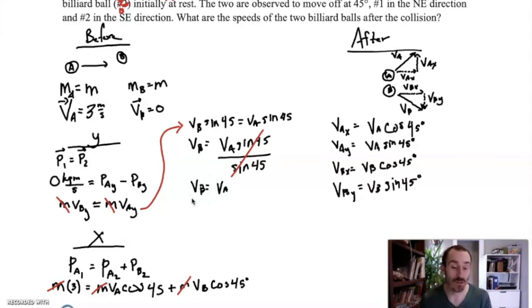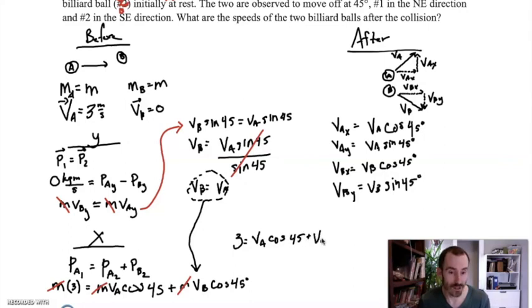Okay, now we can use this in our other formula down here, just like we did with the tension questions. So now we know that 3 equals VA cosine 45 plus VA cosine 45.